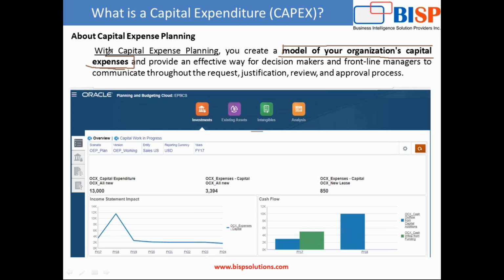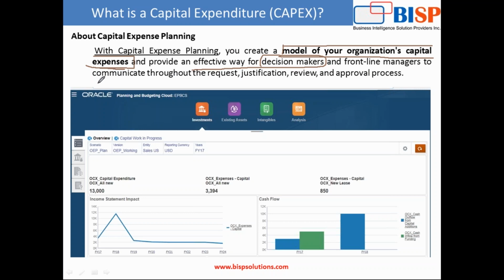It means you project your expenses, the same thing we did in the past in planning and budgeting, where we talked about how you project organization expenses. But this is asset long-term expense, and it provides an efficient and effective way for decision makers. The ultimate objective of the whole exercise is to enable your decision makers to take timely and business meaningful decisions.